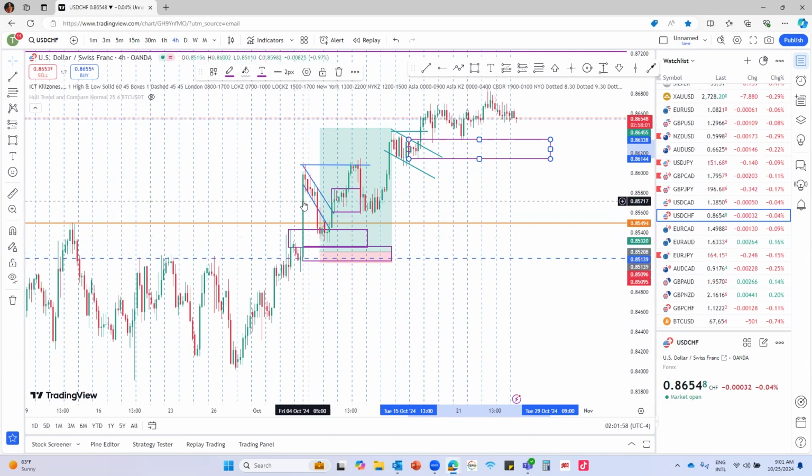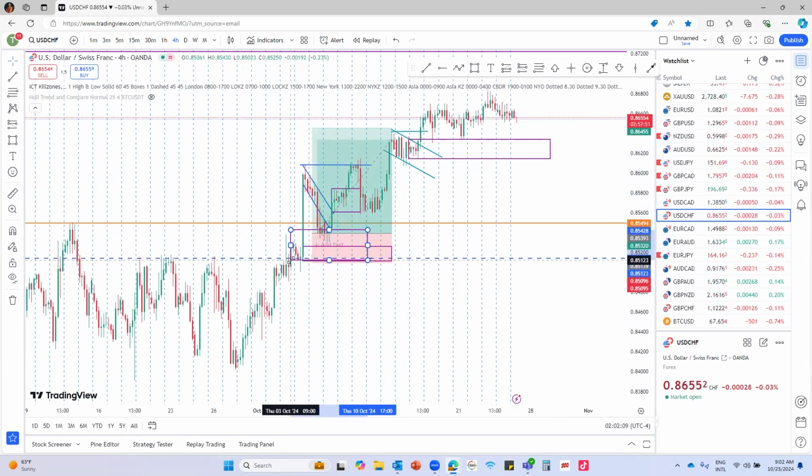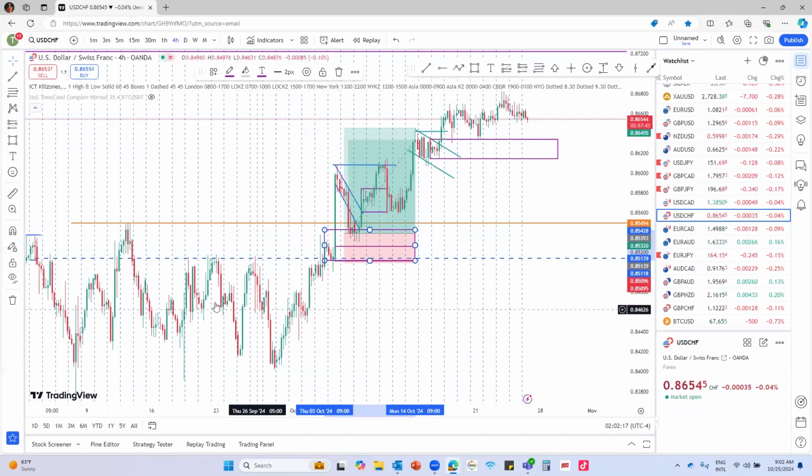Then you can see the sharp move of the price from that level, and therefore we can mark this level as our entry zone, right? We can mark that level as our entry zone, and you can see how the price comes into that level, taps that level, and then pushes higher.